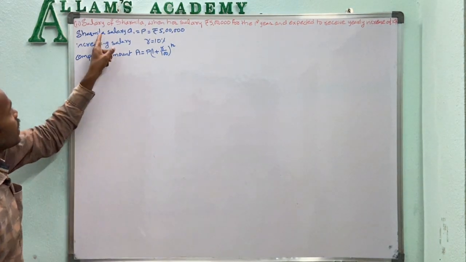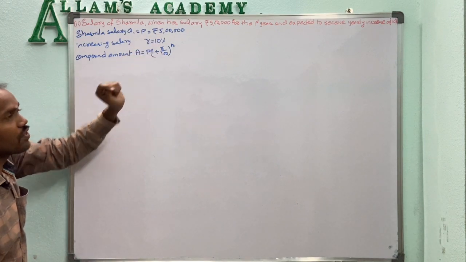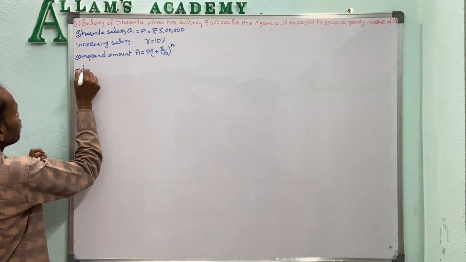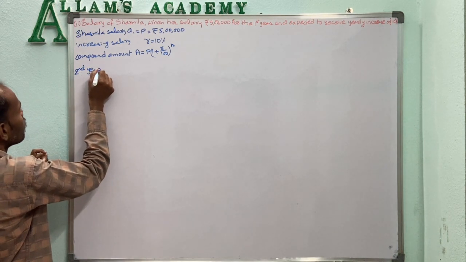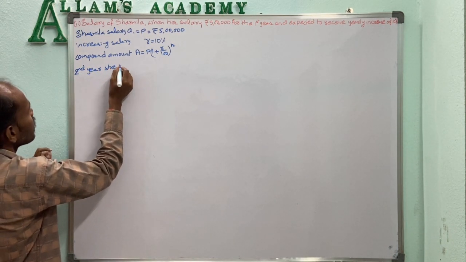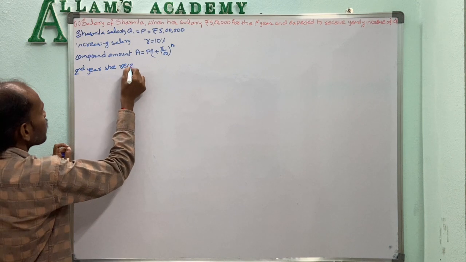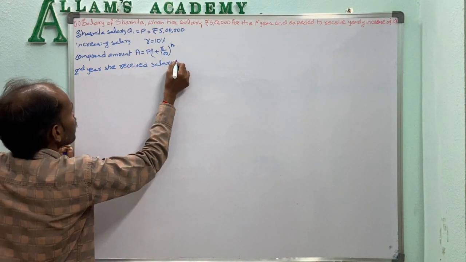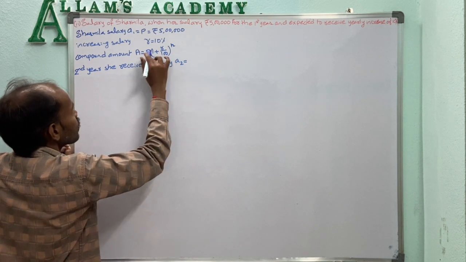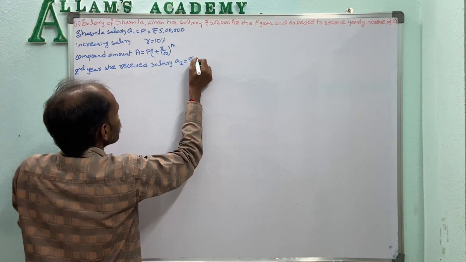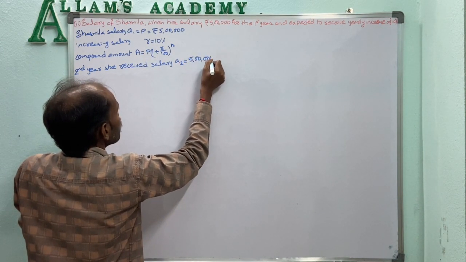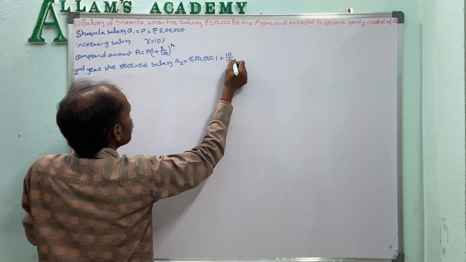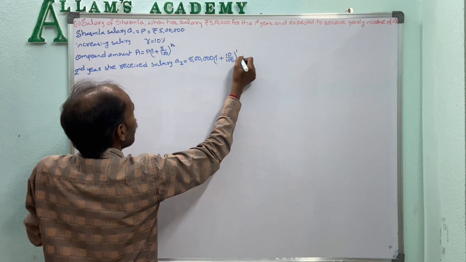Okay, so in the first year she received 5 lakhs. Second year, she received salary A2 is equal to 5 lakhs into (1 plus R by 100) whole power 1, with R equal to 10.